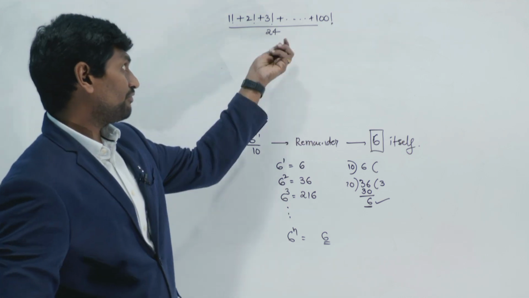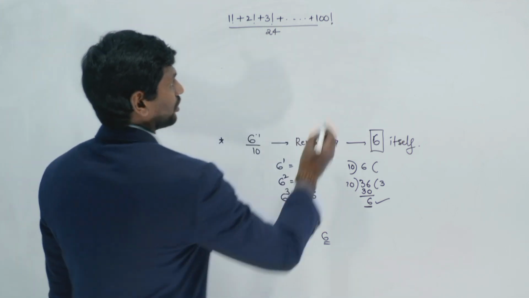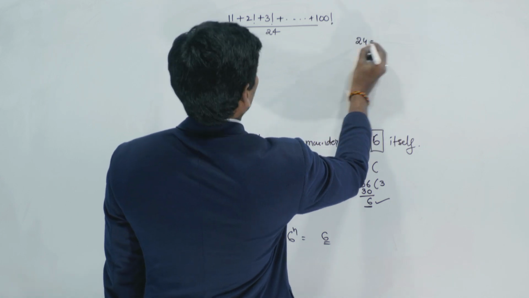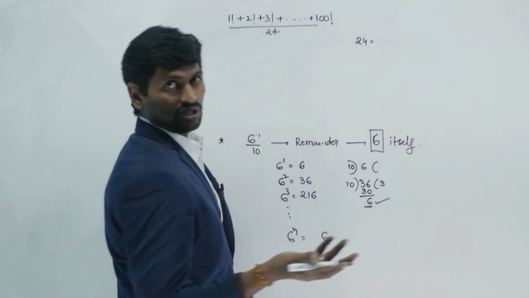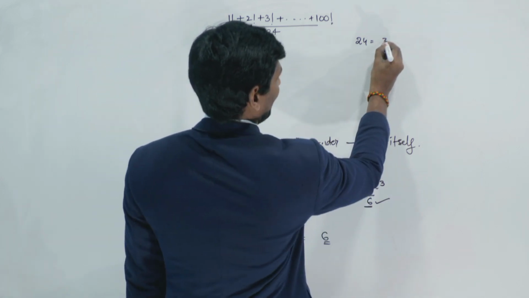Let us check whether 24 is a factor or not. 24 also we can write as a product of two co-primes, like 6 and 4, they are not co-primes. Yeah, 3 8s.